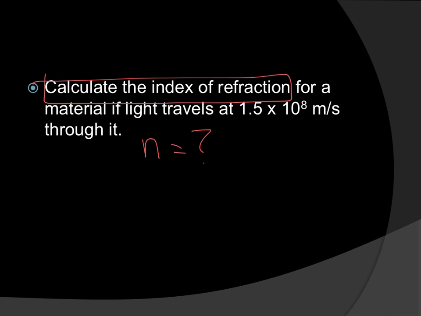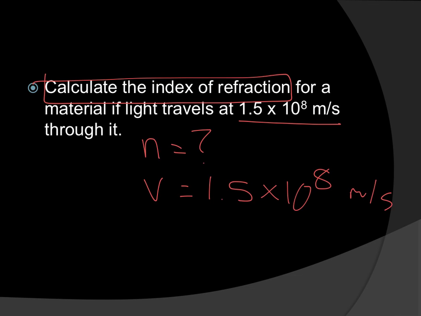And it says light travels through it at, so it tells us a speed. That's a velocity right there: 1.5 times 10 to the 8th meters per second. We don't have quite enough information unless you remember that we always know c. c is a constant value, 3 times 10 to the 8th meters per second.